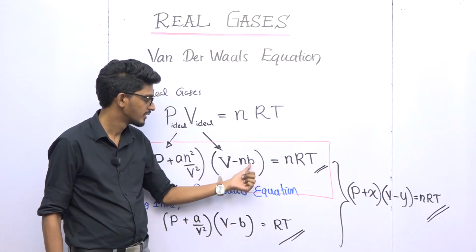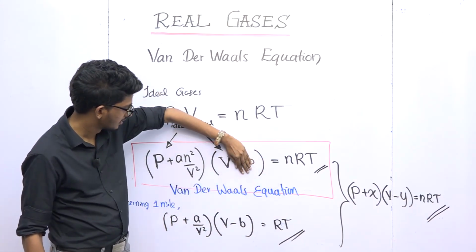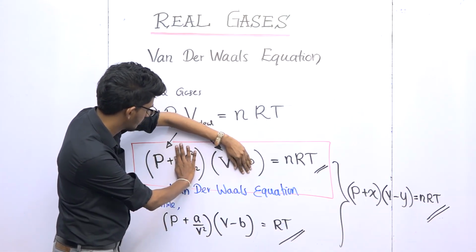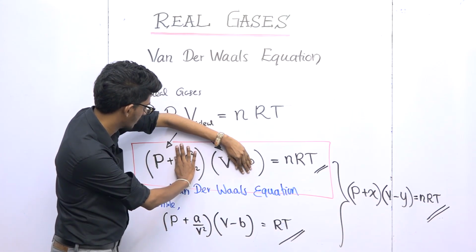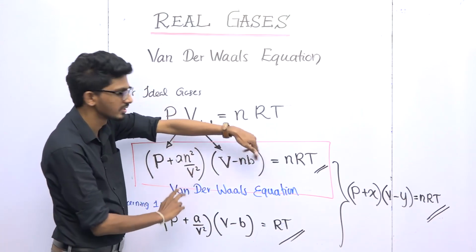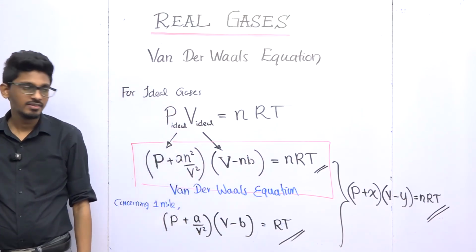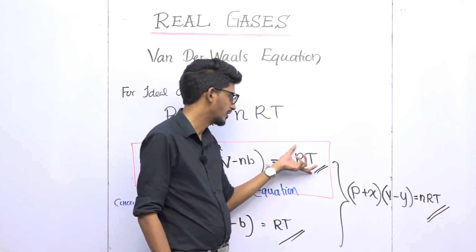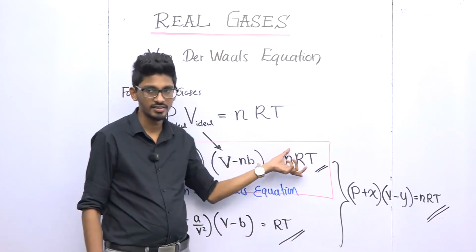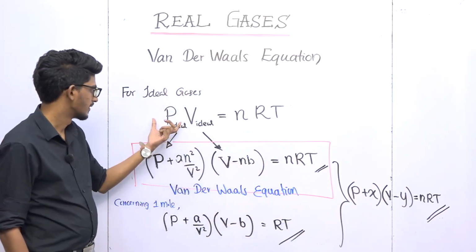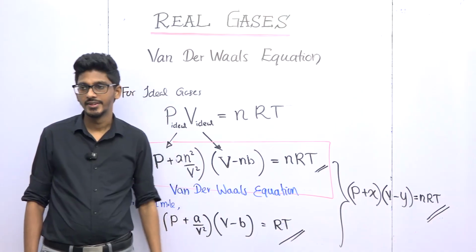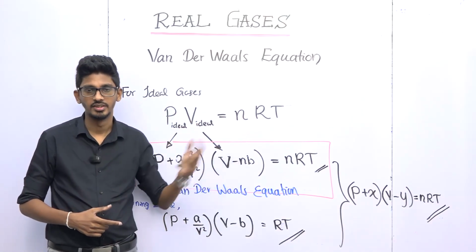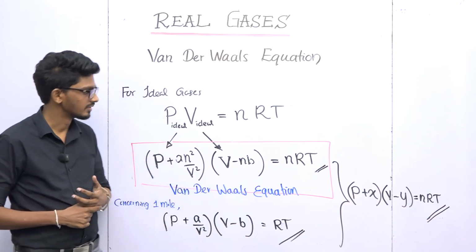So b is 0, and this term disappears. So both of these terms disappear when applying this to ideal gases as a and b are 0. So PV is equal to nRT, right? So the Van der Waals equation can be applied for any gas, ideal gas as well as real gas. But the ideal gas equation gives accurate values for ideal gases only, not for real gases. That is the idea.